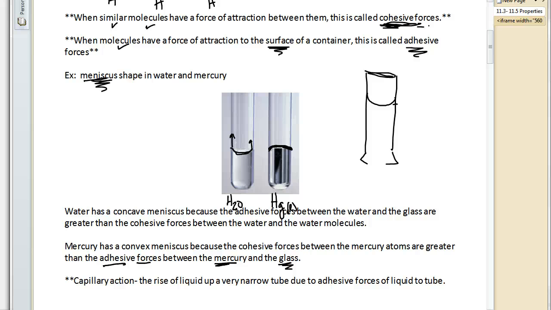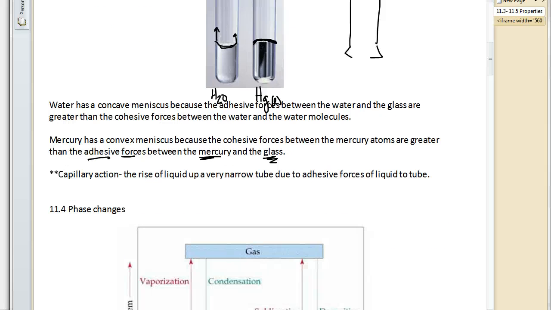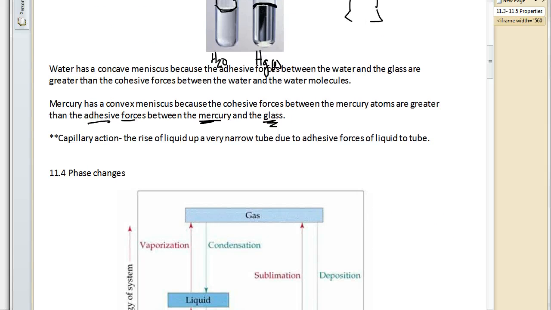Okay. A couple more things that we want to talk about before we change the subject a little bit here. Let's talk about capillary action. Capillary action can be defined as the rise of a liquid up a very narrow tube due to adhesive forces of the liquid to the tube. This is something that occurs in real small tubing. We call that capillary tubing, which is really, really fine tubing that, let's say, is a glass tubing that has a real small opening in it.